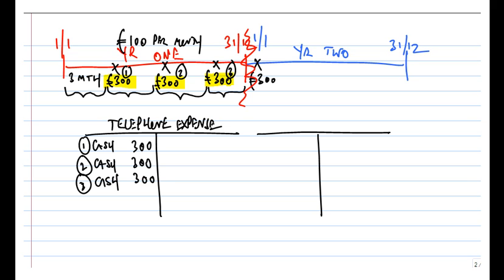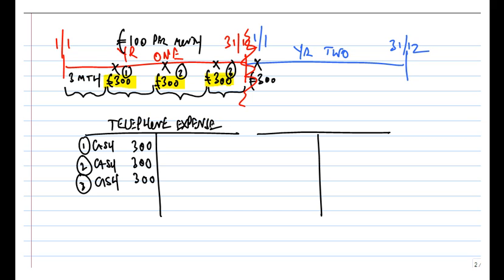Now, bearing in mind that we're only posting into our nominal ledger based on source documents, the actual invoices we've received, you can imagine that at the end of the year, that's actually all we've posted, because remember, the 4th quarter's bill doesn't get received until January of year 2. So when we're drawing up our accounts at the end of December of year 1, we haven't got it yet, have we? We haven't got that source document, so there's nothing that would have been posted into our accounts.